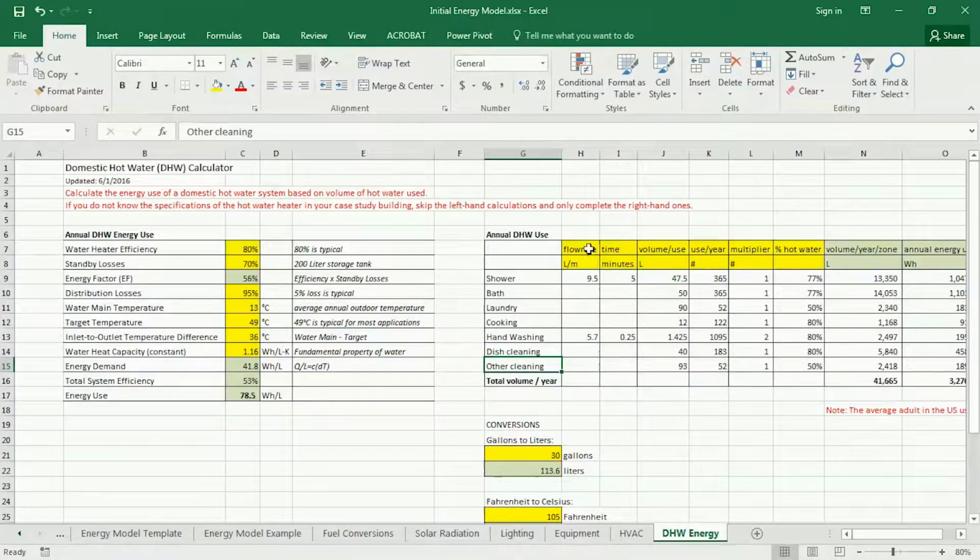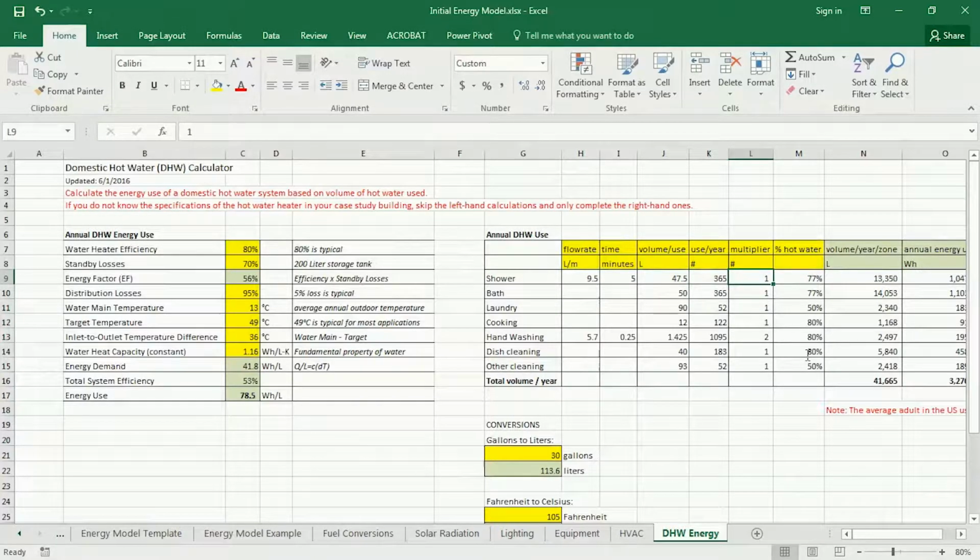And it assigns a flow rate in liters per minute, the time that it's on, so 5-minute shower, and that results in a volume. And so that's a formula right now. And how many times per year? So I take a shower every day. That's 365 days a year, or uses per year.